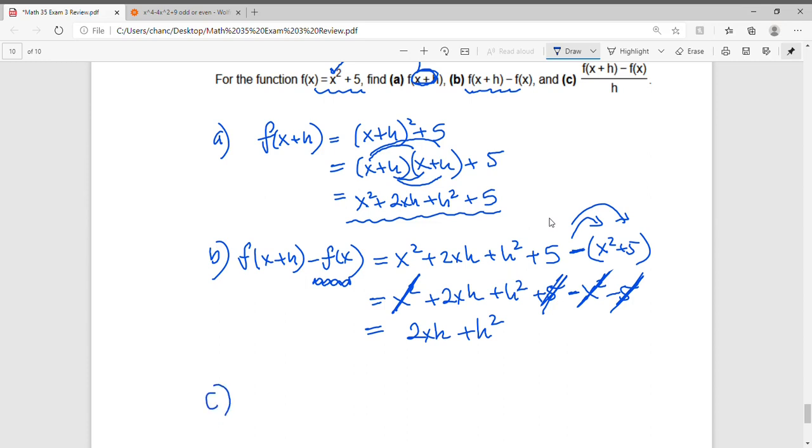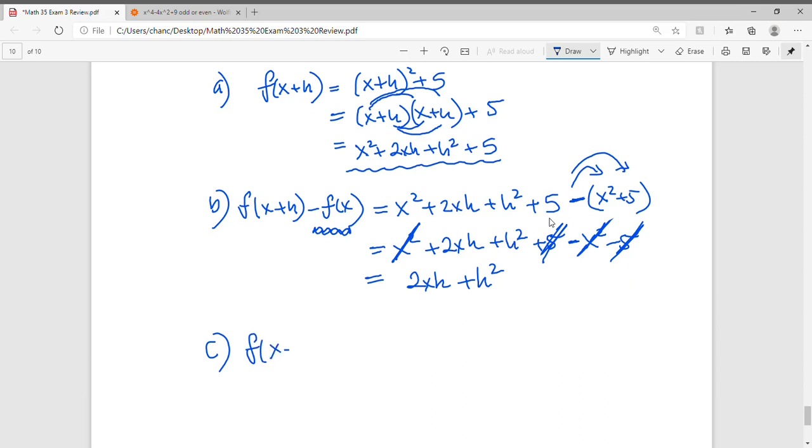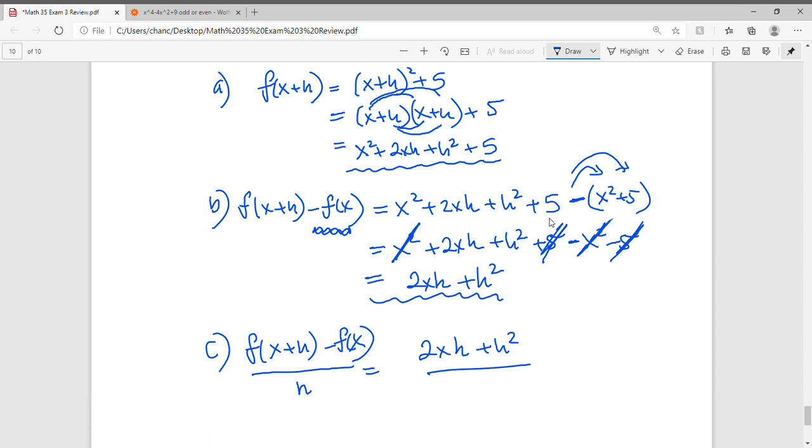Now for part C, we're going to finish off the problem. We're looking for f of x plus h minus f of x divided by h. But we already know what the top is. We've done that in part B, which is pretty nice. We'll plug in 2xh plus h squared on the top, but we gotta divide by h. Notice the numerator can factor.